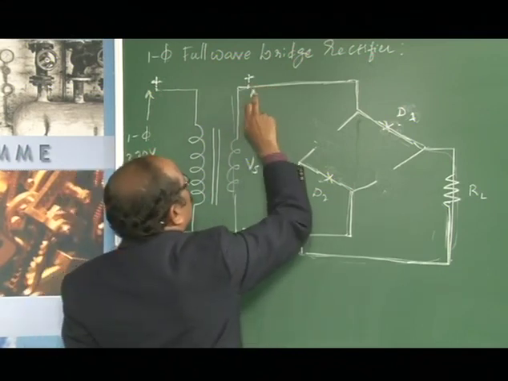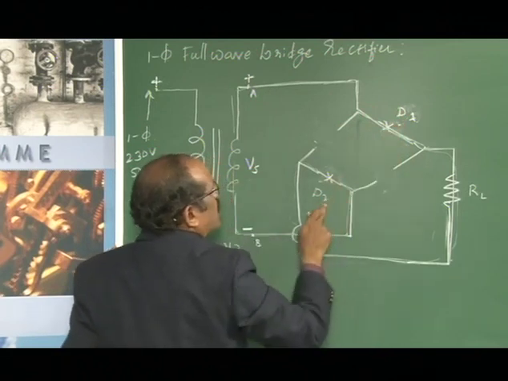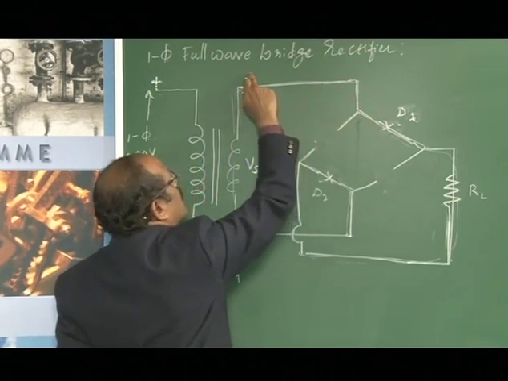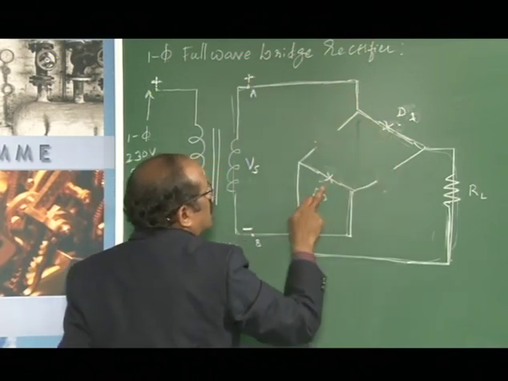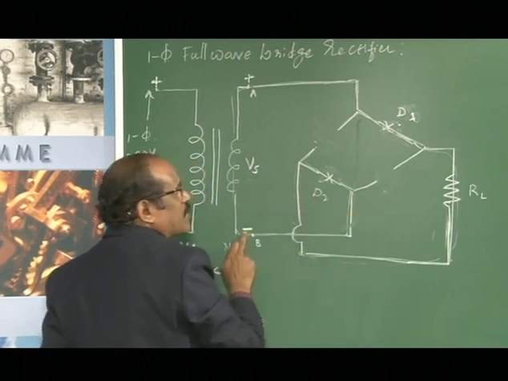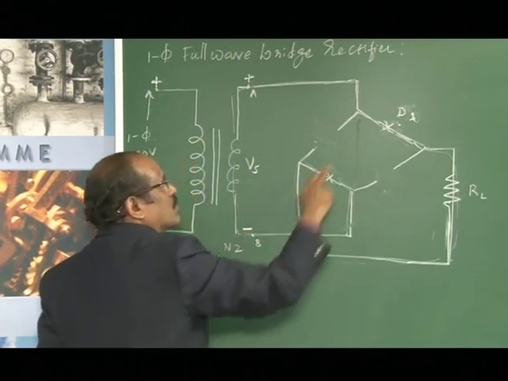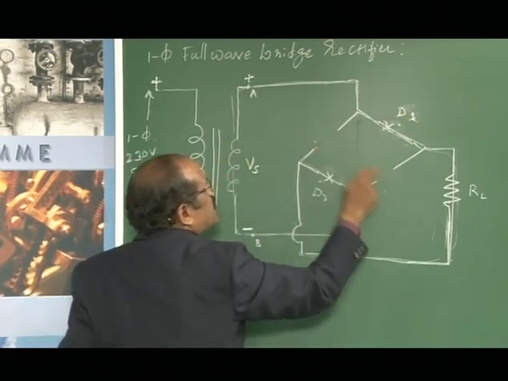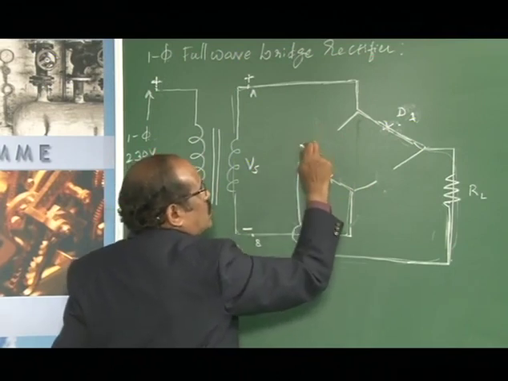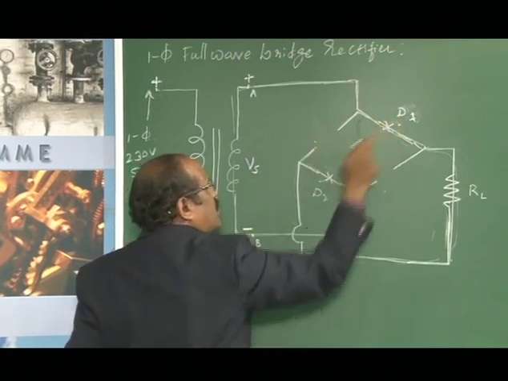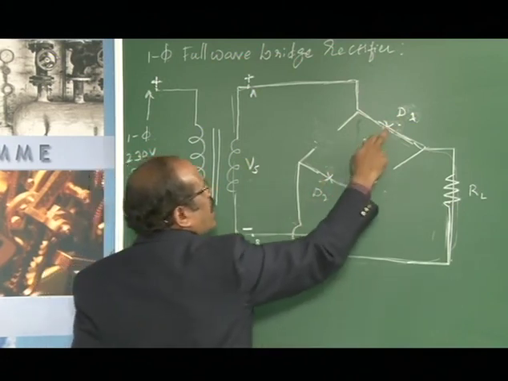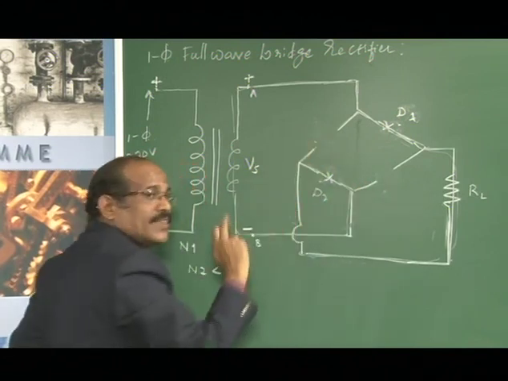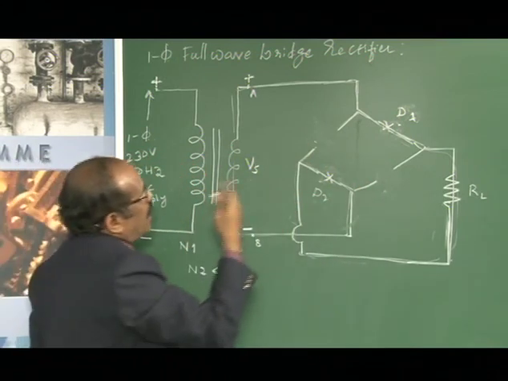So now the diodes D1 and D2 will be forward biased, because the anode of diode D1 will be at positive potential with reference to its cathode. Similarly, the cathode of diode D2 will be at negative potential with reference to its anode. Therefore, diodes D1 and D2 are forward biased, whereas diodes D3 and D4 will be reverse biased. When D1 and D2 are forward biased, they act like a closed switch, and when D3 and D4 are reverse biased, they act like an open circuit.